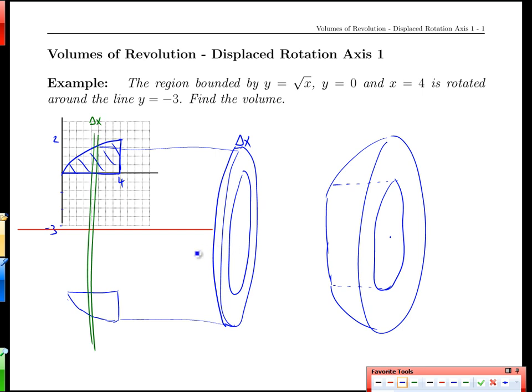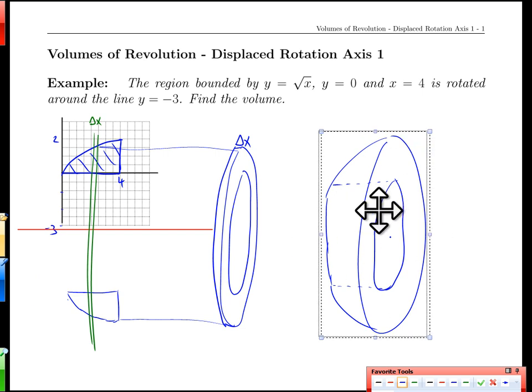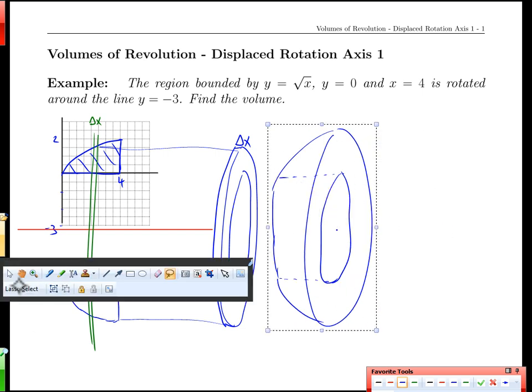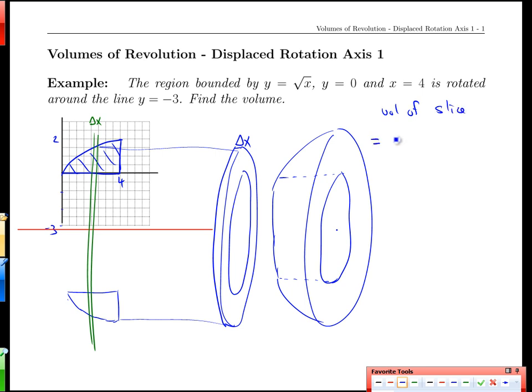If we move one of our pictures over here a little bit to give us some room to calculate, we can find the volume of a slice now. It would be the area of the ring times the thickness. Volume is thickness times an area.